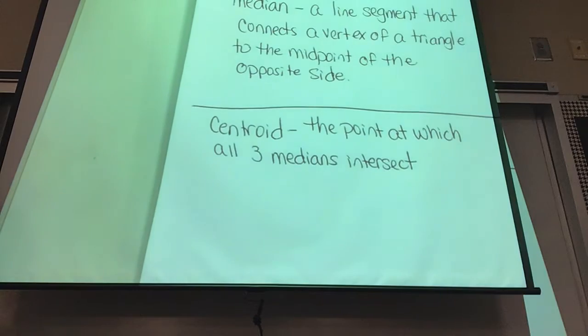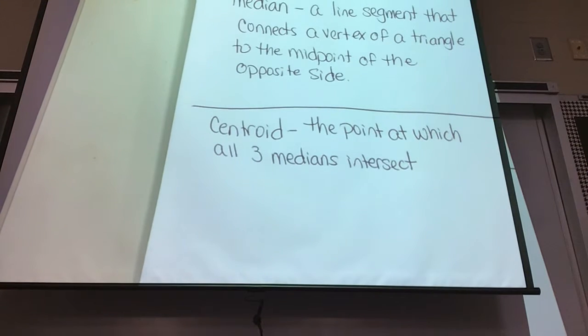So the centroid is the point at which all three medians intersect. So when you're finished with that, draw another triangle. And I'm going to show you what the centroid is. Because the centroid is mainly what we're going to be using.